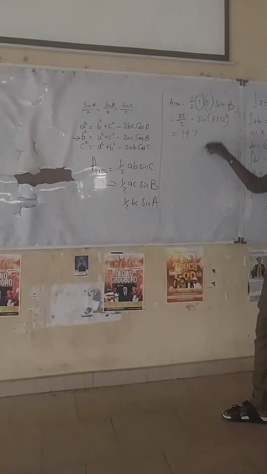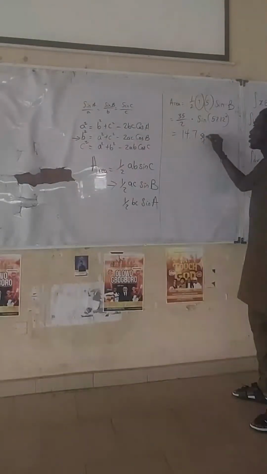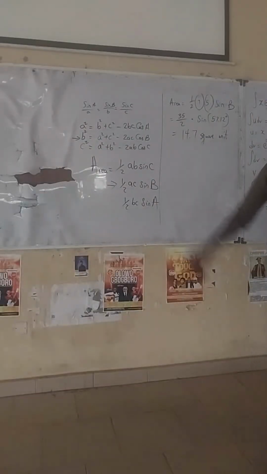We don't know whether it's meter. Let's write square units. Since you don't know, you can say square units. If it's centimeter square, if it's feet square. So that's square units. So that's the area of that one.